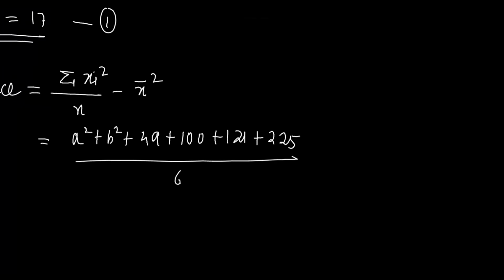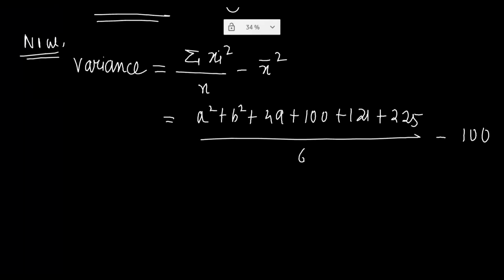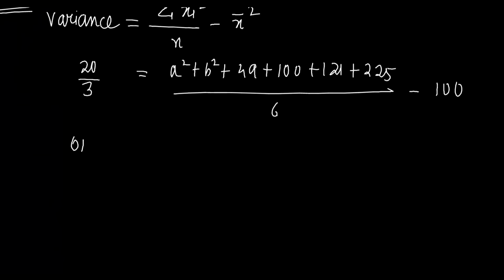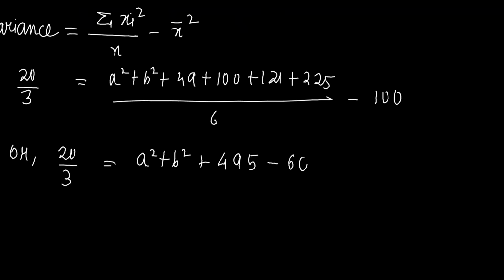And the mean square is 10 square, that is 100. Now the variance is given as 20 by 3. So from this we get 20 by 3 is equal to A square plus B square plus 495, minus 600, by 6.